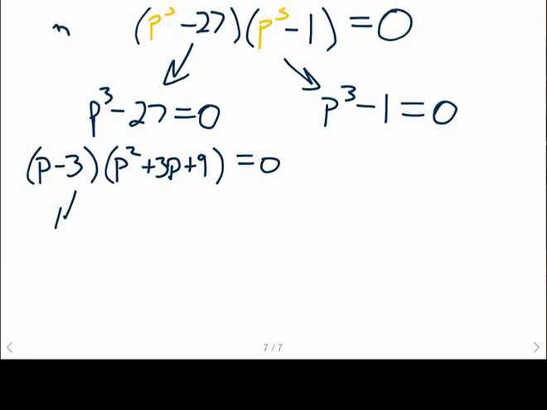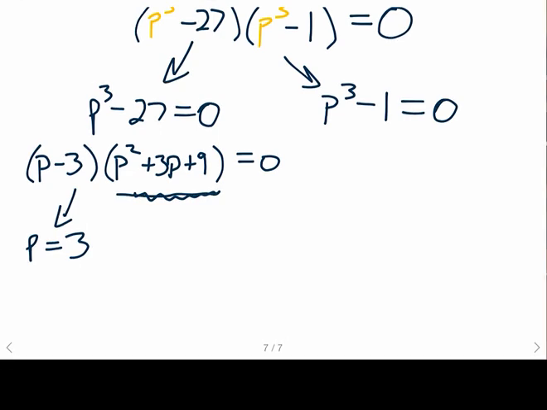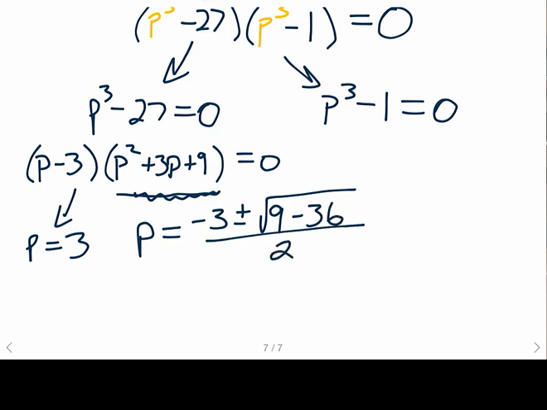This is going to give me that p is equal to 3, which I would have gotten anyway, but what I would have been missing out on is the p squared plus 3p plus 9. For that, we're actually going to need the quadratic formula. And when we hit this with the quadratic formula, we have p is equal to negative 3 plus or minus the square root of 9 minus 36 all over 2.